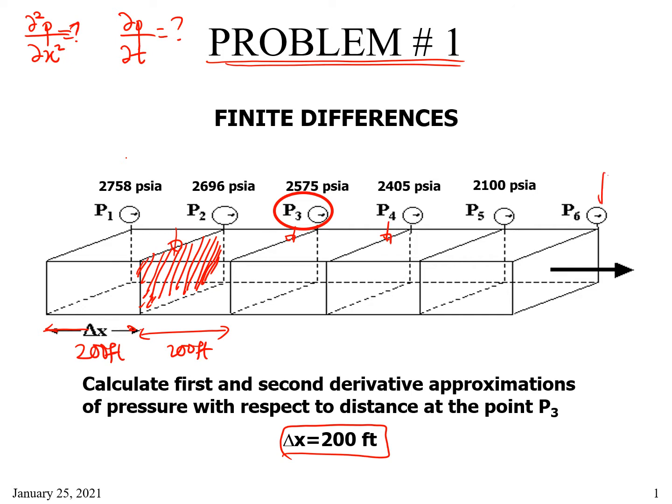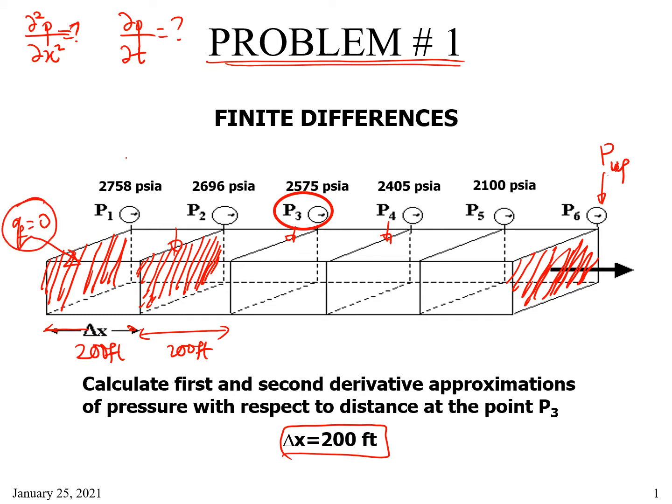P6 is going to be your flowing bottom hole pressure. So that's the boundary condition here. Remember, you need initial and boundary conditions. And the boundary condition here is a no flow boundary. So flux or flow rate across that face is 0. And you will see the way we will model that boundary condition.